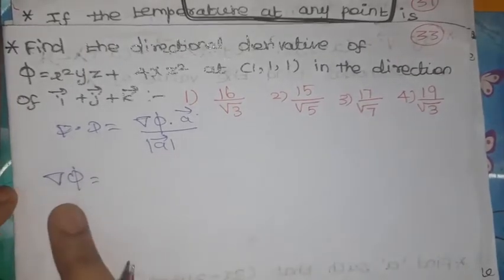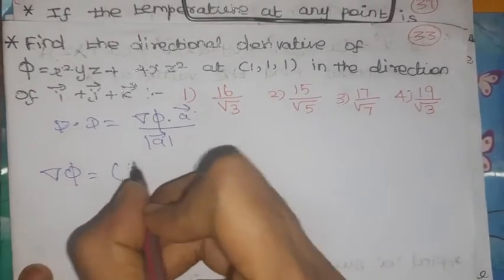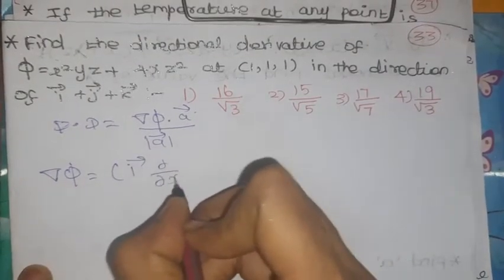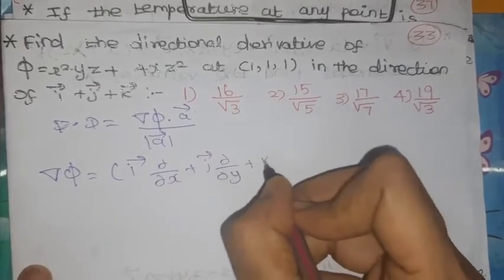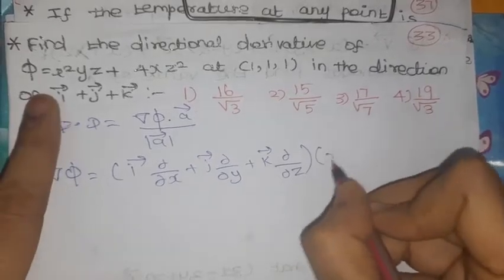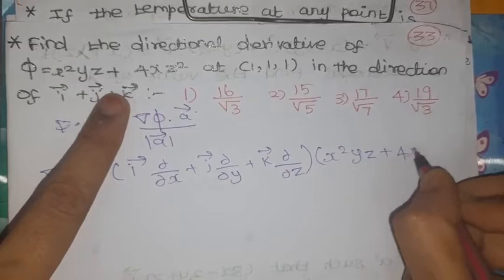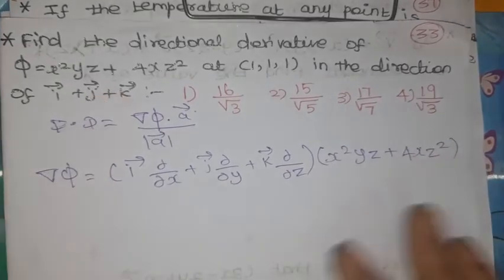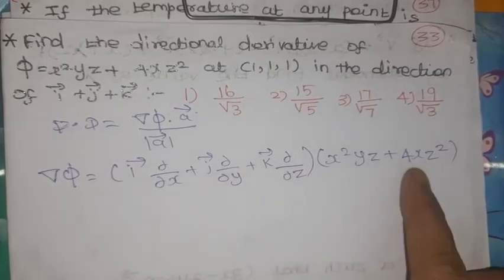Del is i into dou by dou x plus j into dou by dou y plus k into dou by dou z. For this problem I will write it elaborately. From the next problem itself we will do mental calculation, because from the exam point of view we have very short time. So dou by dou x of this term, then dou by dou y, then dou by dou z.